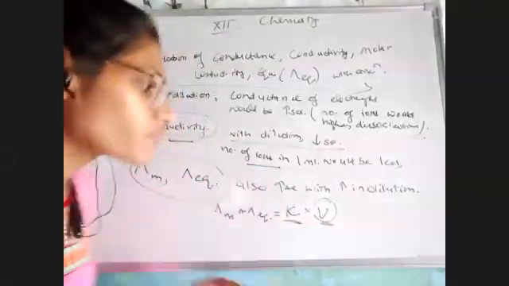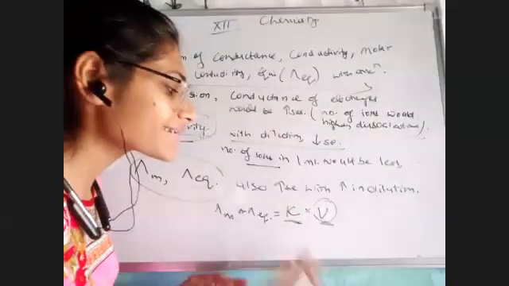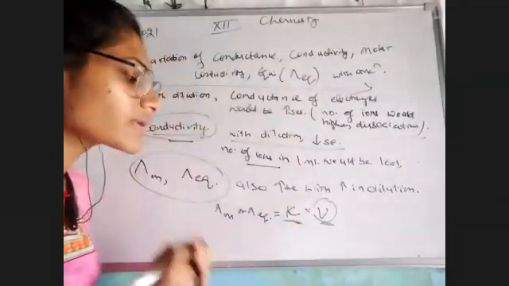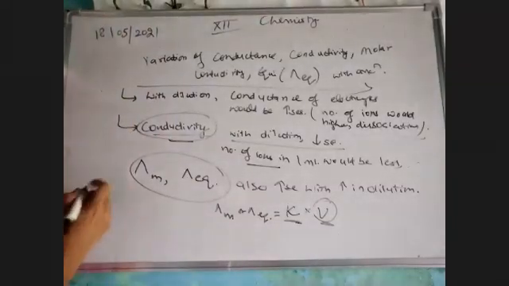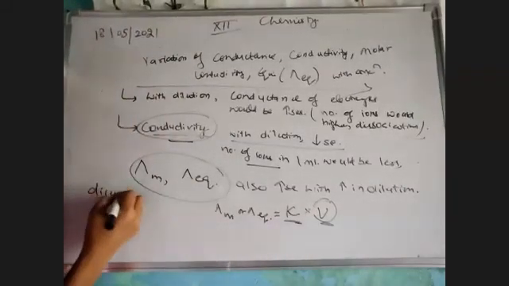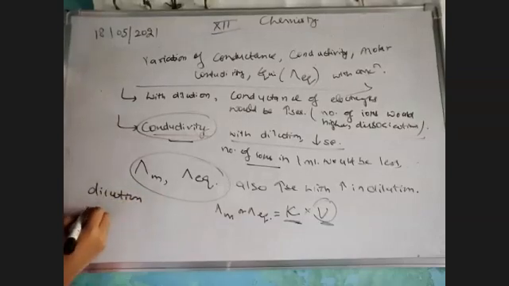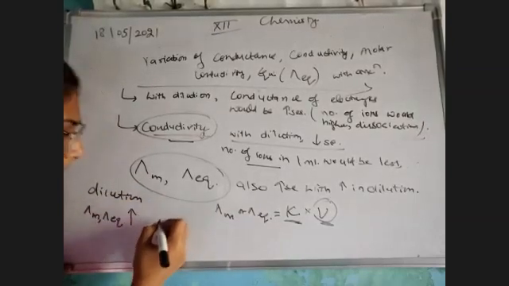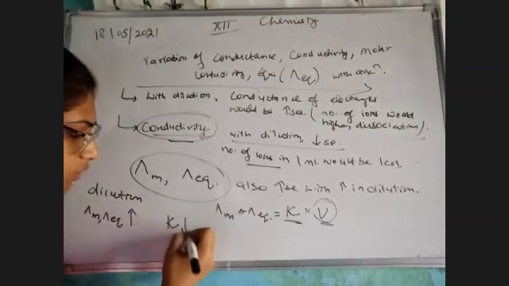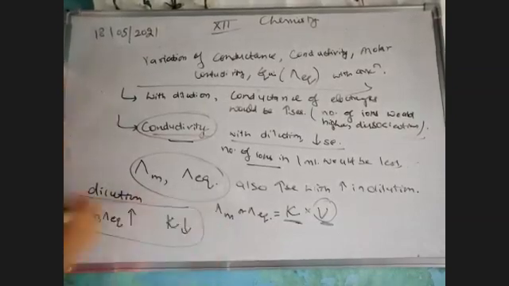So if volume is increasing so much that it can easily compensate our conductivity, they would both increase. So in short, with dilution, lambda m and lambda equivalent would increase, but the kappa would decrease. That is the point I wanted to show you.